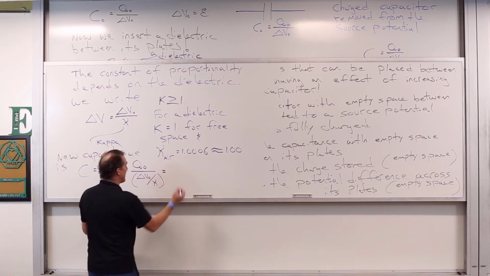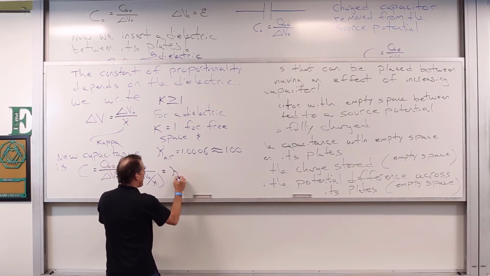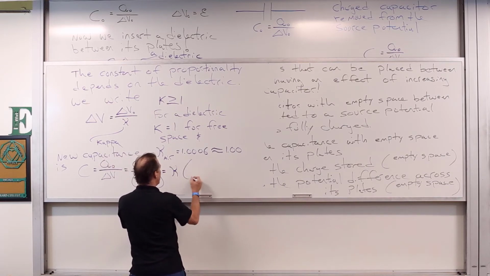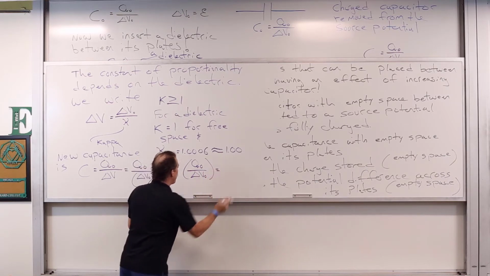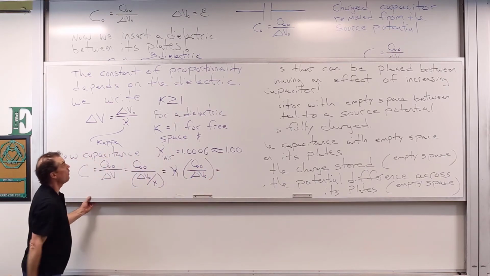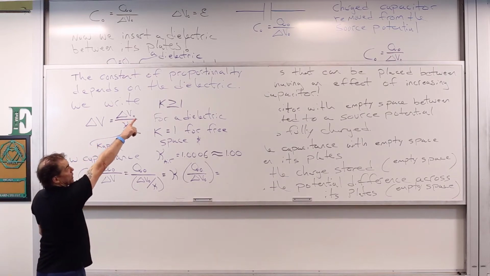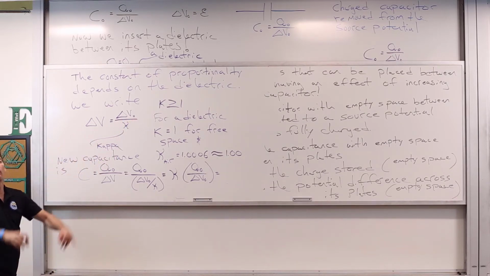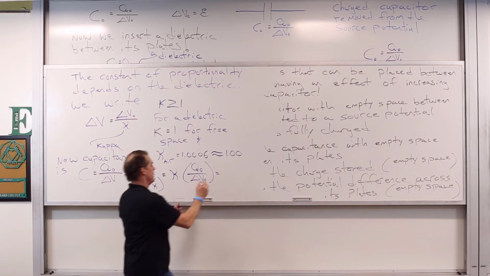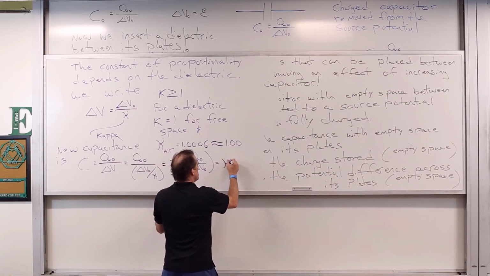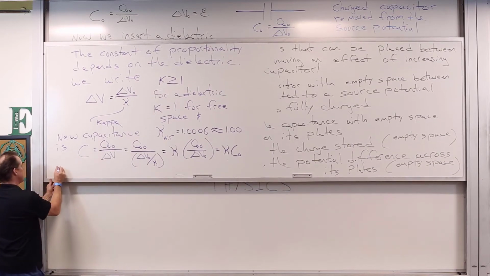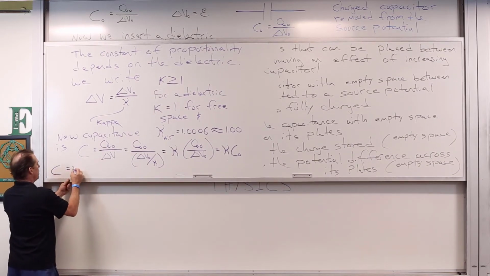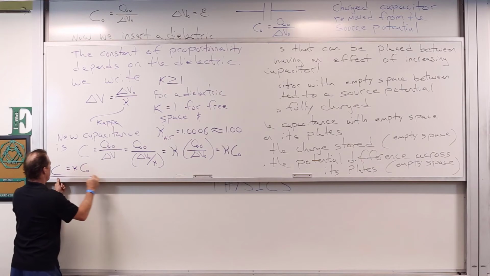We can then write that as kappa multiplied by Q0 over delta V0, and Q0 over delta V0 is, by definition, the original capacitance of the system when there was no dielectric between the plates. So we've got kappa times C0. And in the end, what we really want to see here is C is equal to kappa times C0.